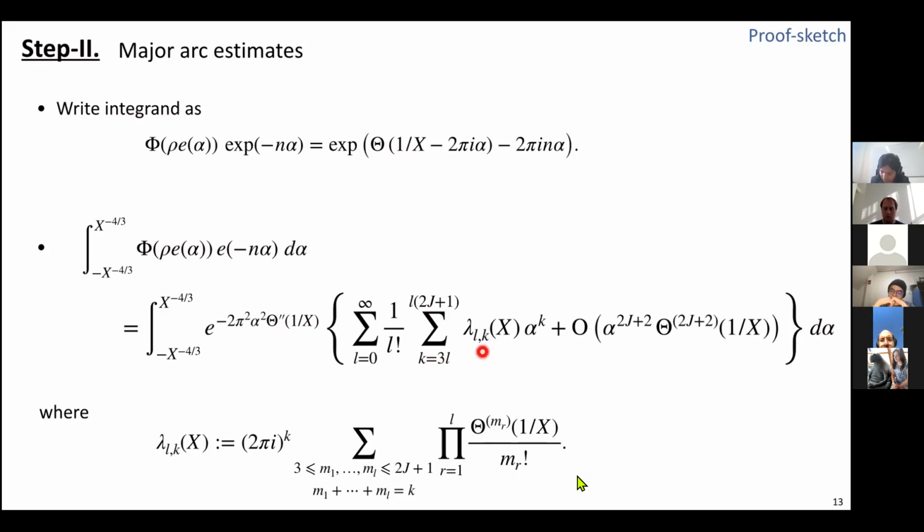Now I have written all these lambda k's, the lambda k functions, which do not involve alpha, because I have to integrate with respect to alpha. Whatever doesn't involve alpha, I'm just putting together so that it doesn't make a mess. I have alpha over here and I have to integrate with respect to alpha. So now we can easily integrate this.